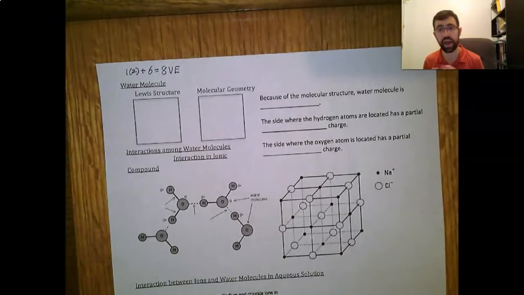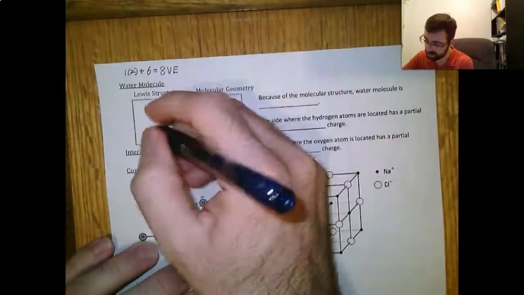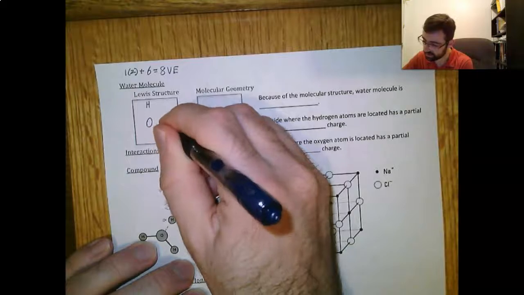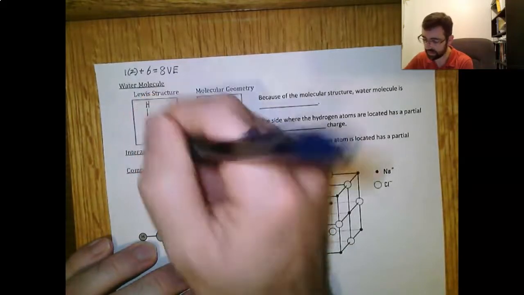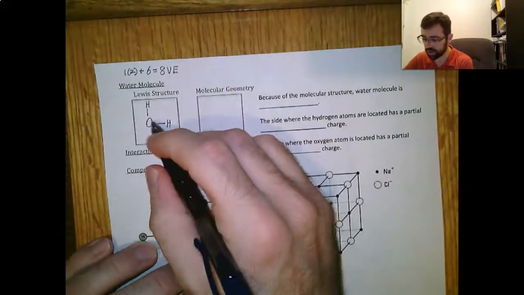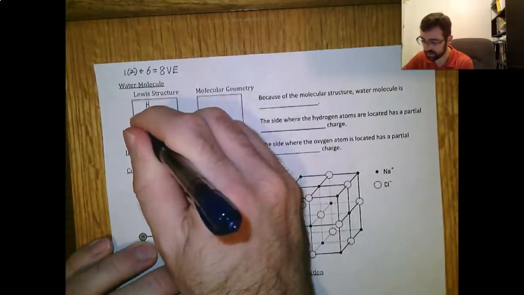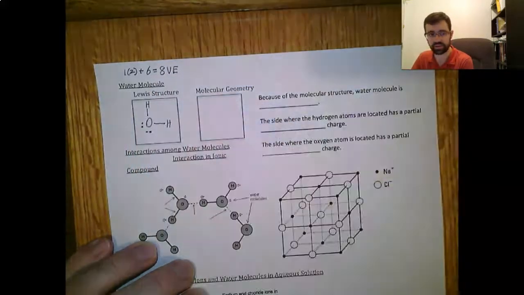Remember that most atoms want 8 valence electrons around them, but hydrogen only wants 2. So we're going to draw an oxygen and 2 hydrogen atoms and connect them with bonds. That's 2, 4 electrons. I've got 8 to work with, so that gives me 2, 4, 6, 8 electrons total.